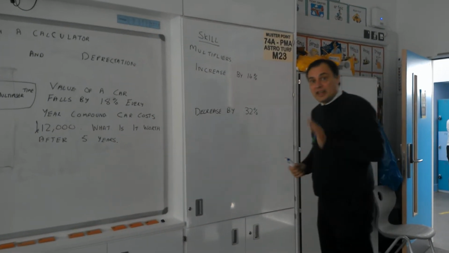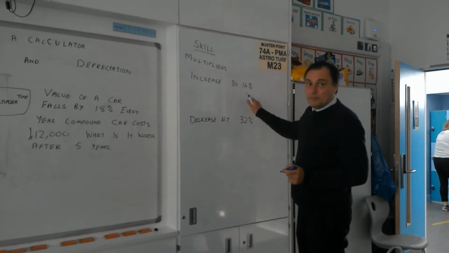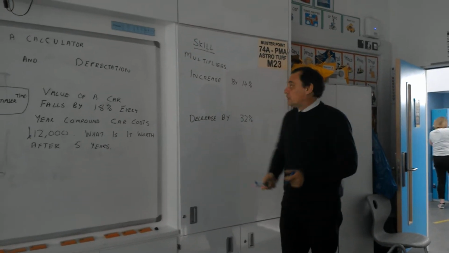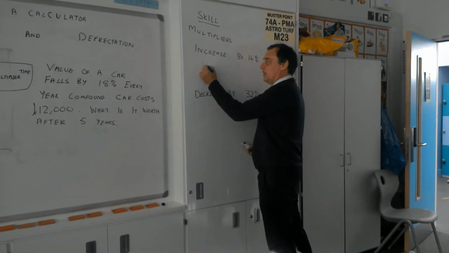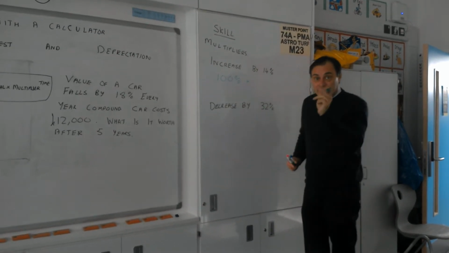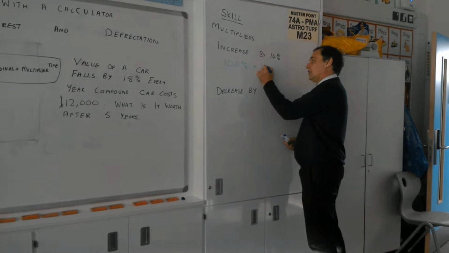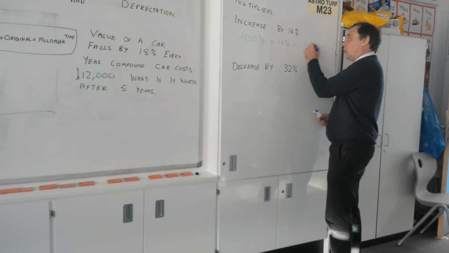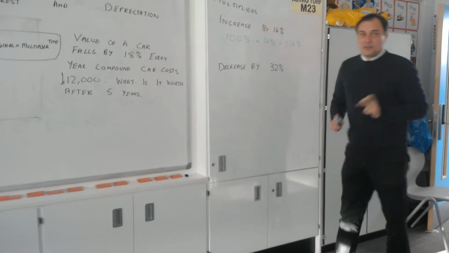Supposing I wanted to increase an amount by 14%. Increasing means going upwards or adding to it. So I start with my 100%. I'm going to add my 14% to it, and that will give me 114%. That's my percentage.